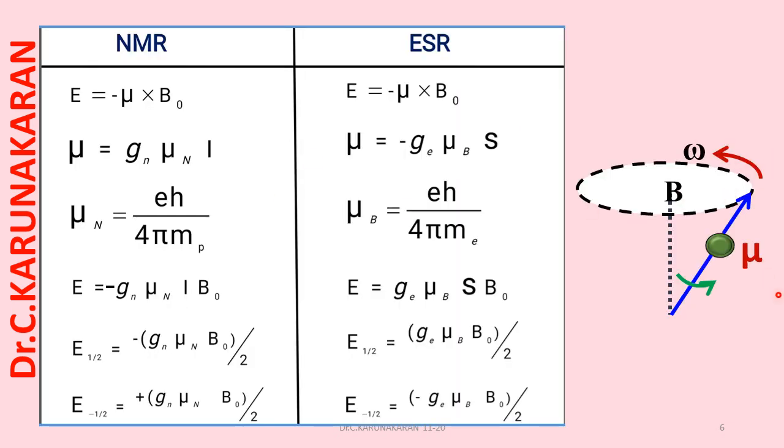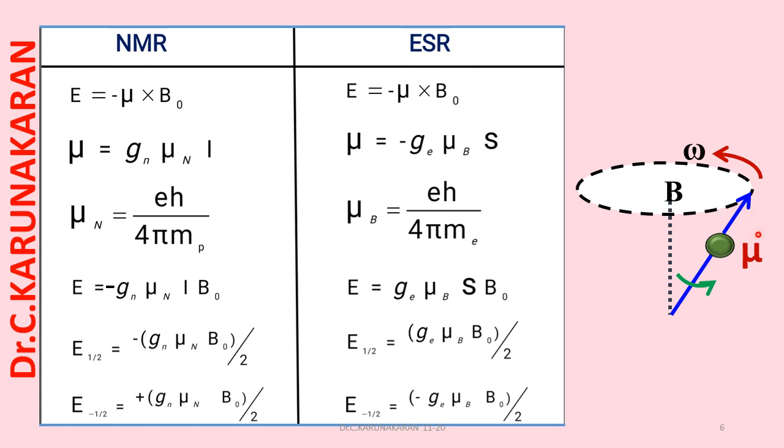A nucleus has a nuclear magnetic moment mu because of the nuclear spinning motion, as we have seen earlier. When the nucleus is placed in the external magnetic field B naught, there is an interaction between the nuclear magnetic moment and the applied magnetic field.